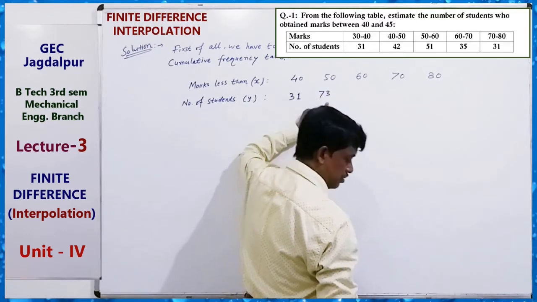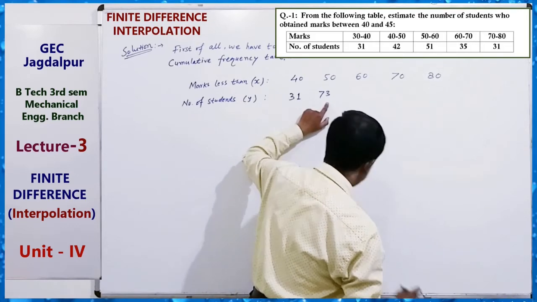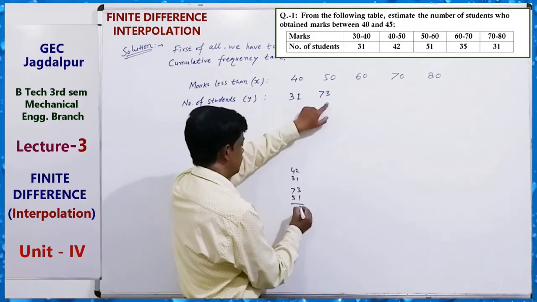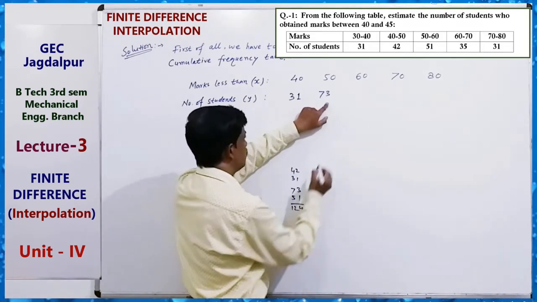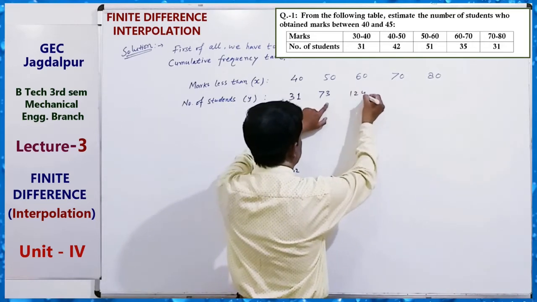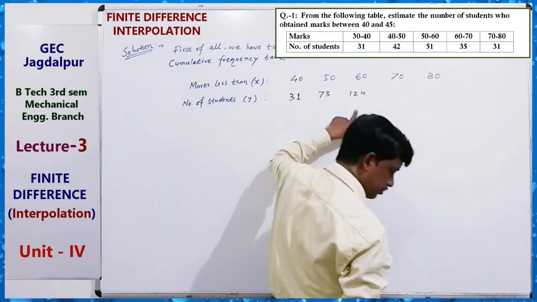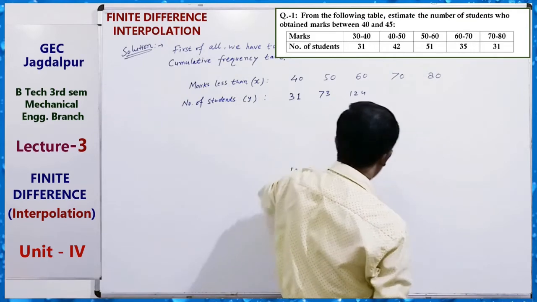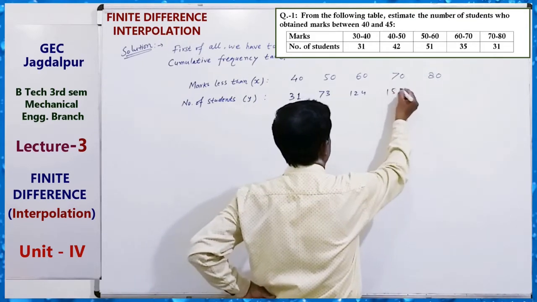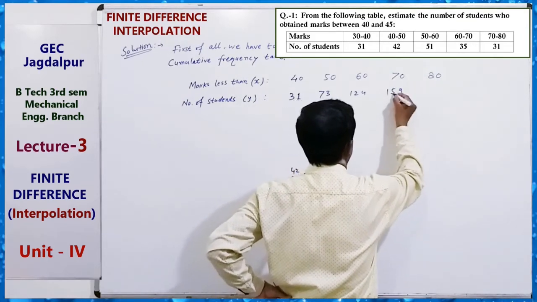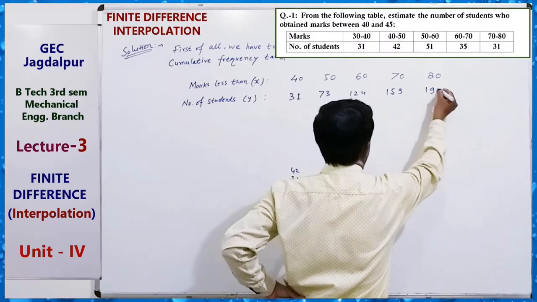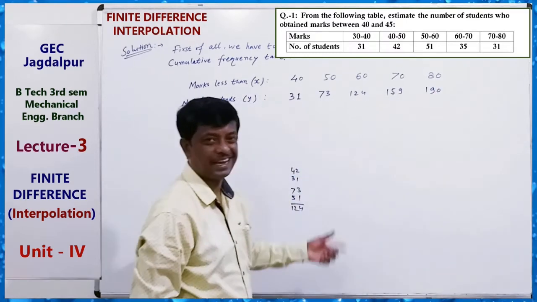Similarly 124, then 159, 190. How can you make it? Just add.